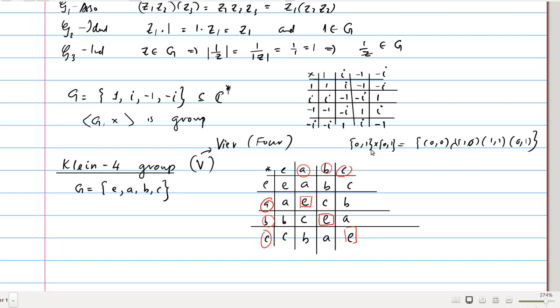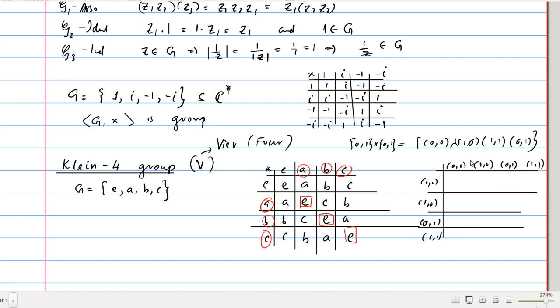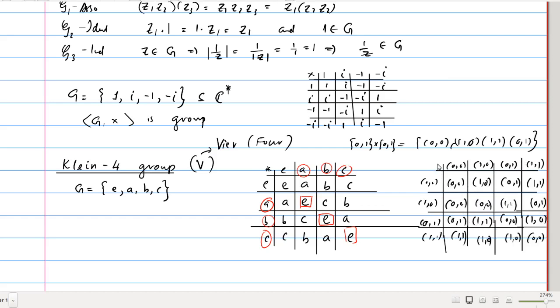So this can be considered as a set, and you can define a binary operation on this set by taking (0,0) here, (1,0) here, (0,1) here, and (1,1) here. If you construct a binary operation table with these properties, it forms exactly the same group table as this one.